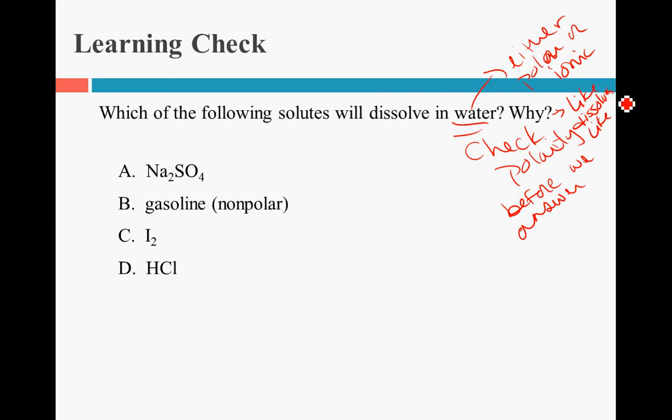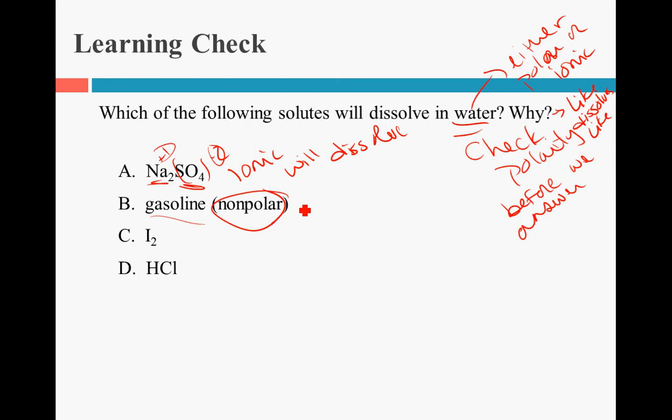So if we're looking at this, sodium's a metal, sulfate's a polyatomic anion. This is a -2 charge. This is usually +1. Notice an actual charge, and not partially and not nonpolar. That means this is ionic, which means it will dissolve. Gasoline, they say it's nonpolar.